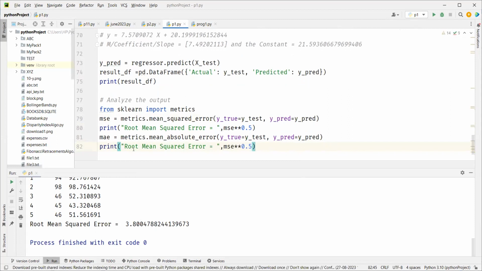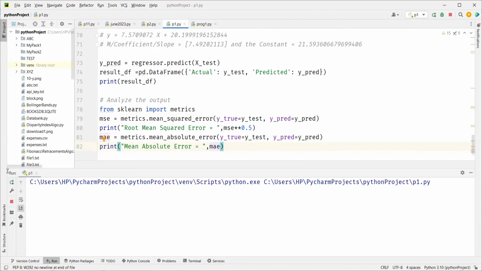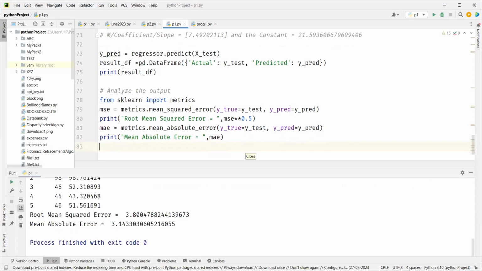Do you remember? 3.1, right? So MAE directly, we don't have to do any calculation. Then you have the R squared value. So let it calculate, meanwhile we'll print R squared. See, 3.1. This is what we had calculated in Excel also.